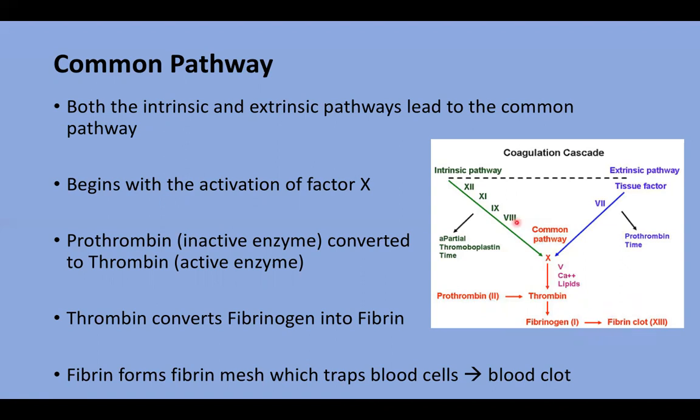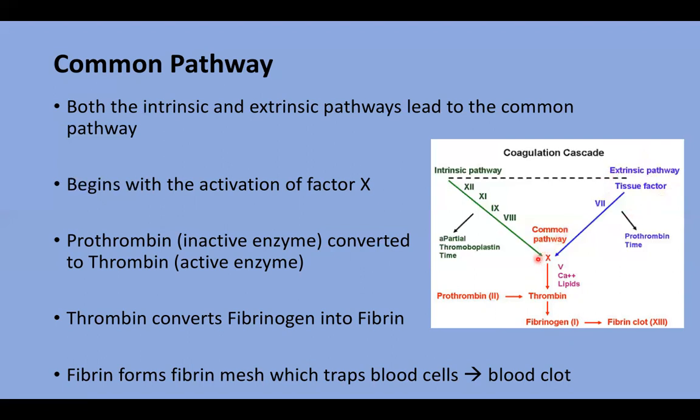Okay, so very quickly. Intrinsic pathway: damage to the interior of the vessel, starts with factor 12, ends with factor 10. Extrinsic pathway: damage to the exterior, damage to the tissues, starts with the tissue factor, ends with factor 10.